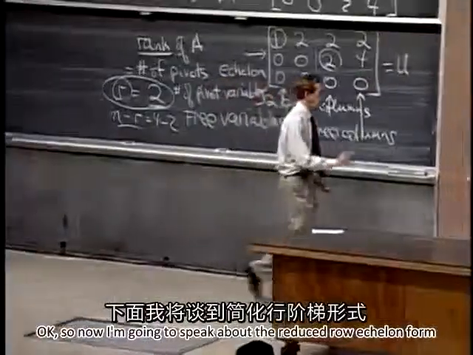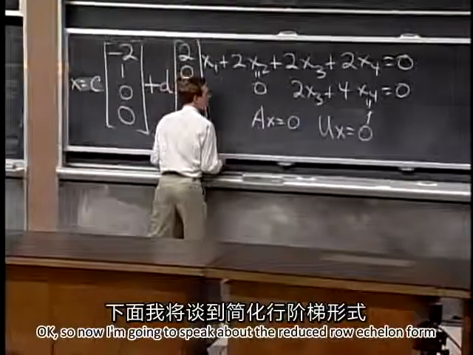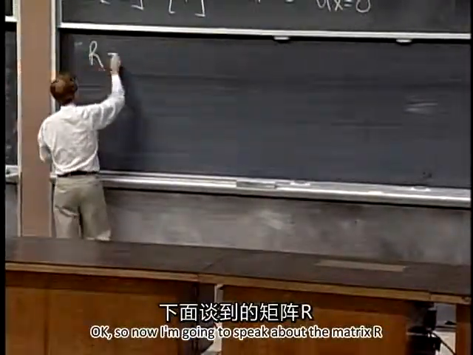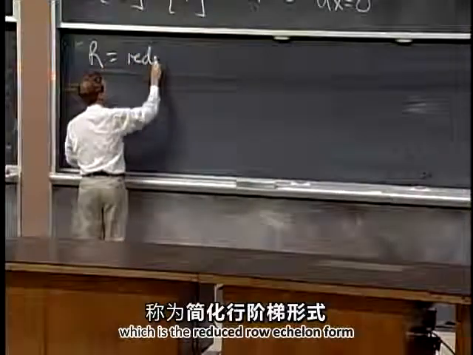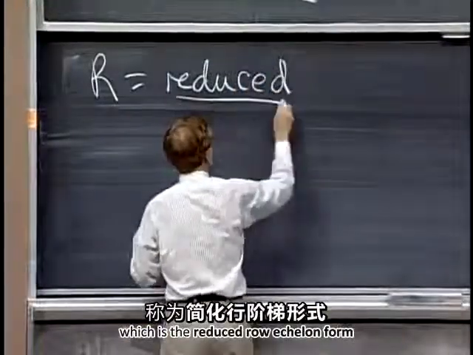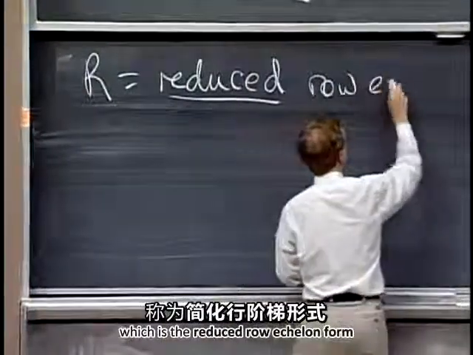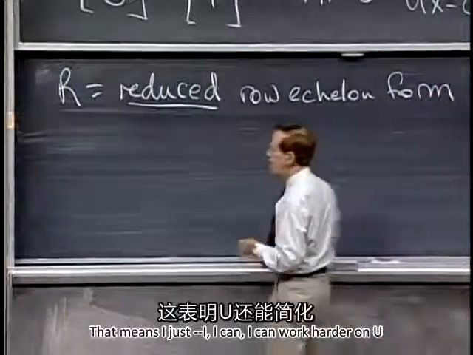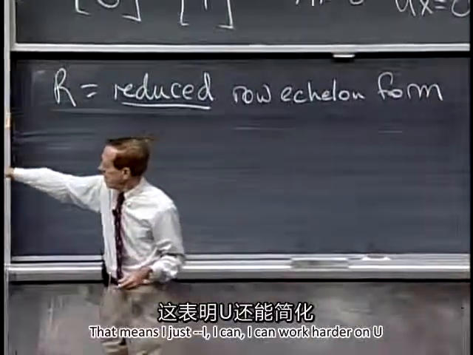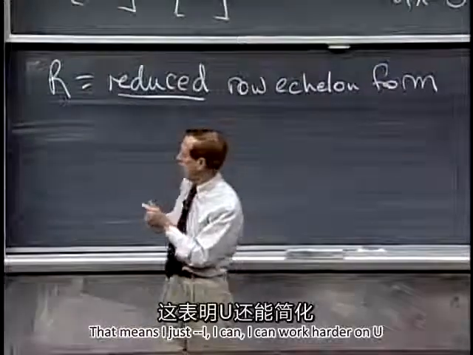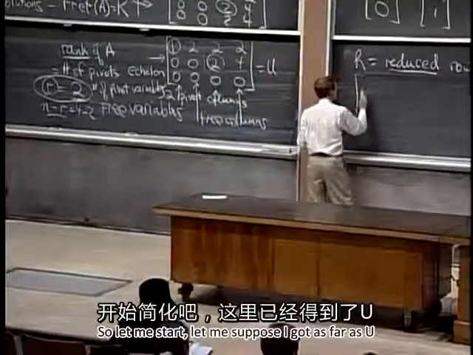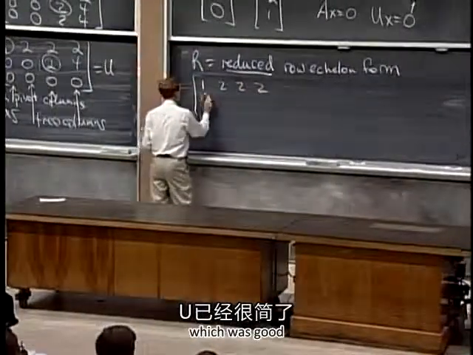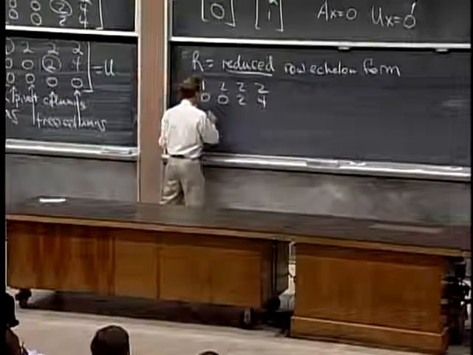Okay, so now I'm going to speak about the matrix R, which is the reduced row echelon form. So what does that mean? That means I can work harder on U. So let me suppose I got as far as U, which was good.